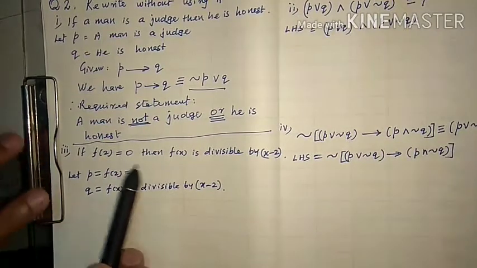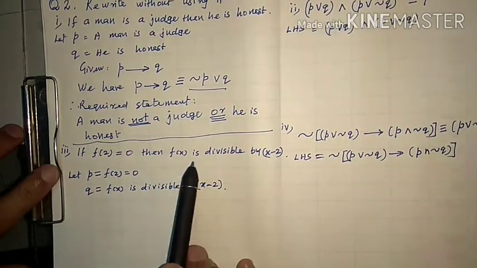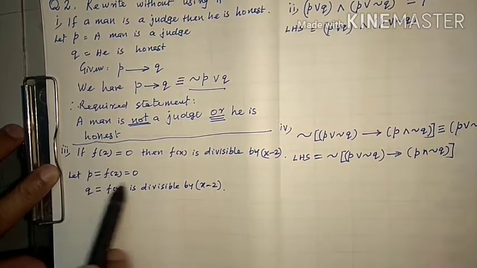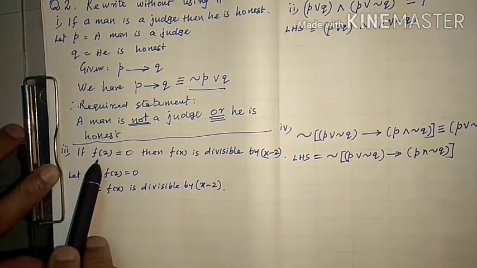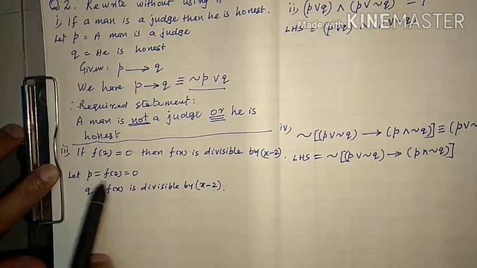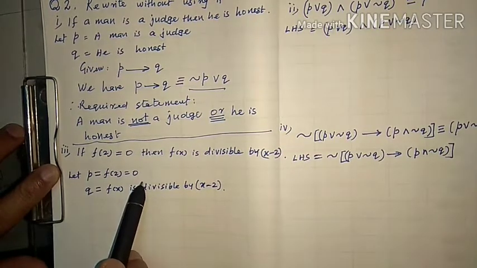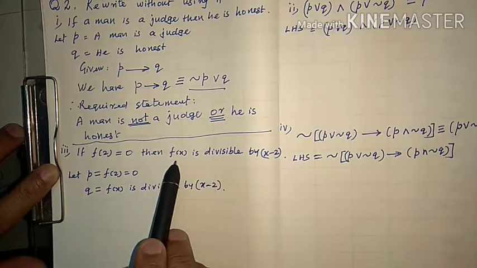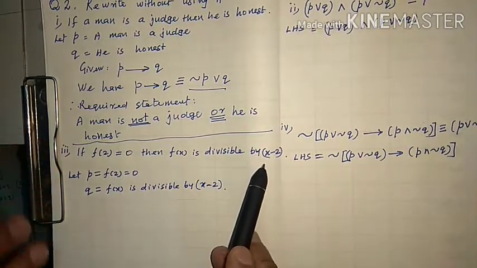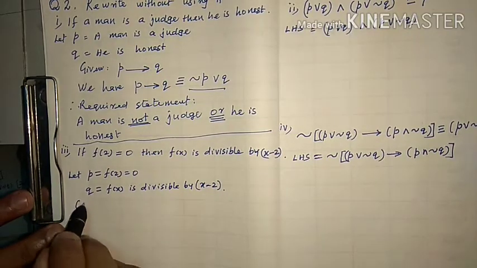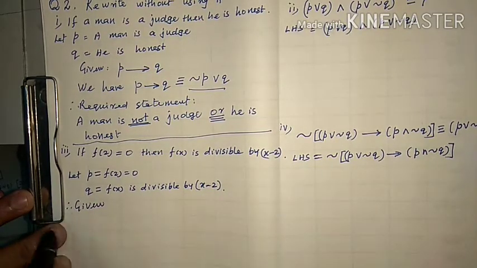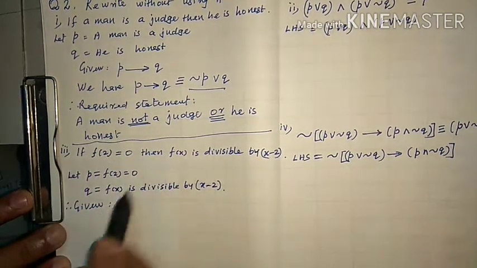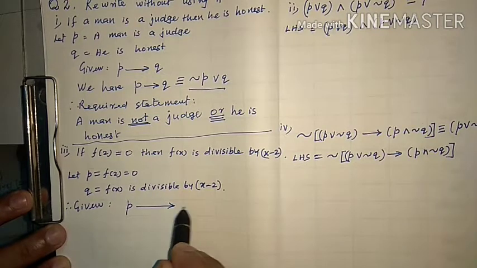We consider this part is P: f of 2 equal to 0. That is the first part. Q, second part, is f of x is divisible by x minus 2. Therefore, given if then, so P implies Q.